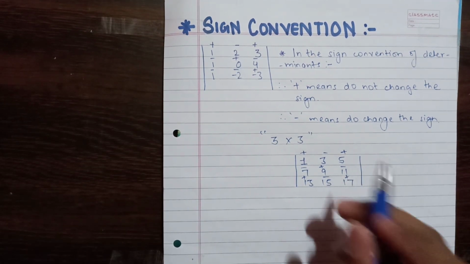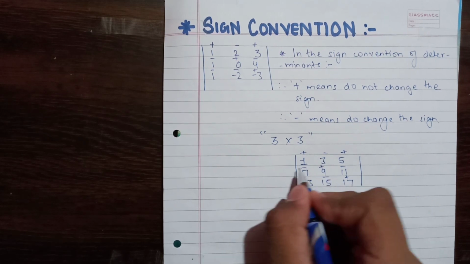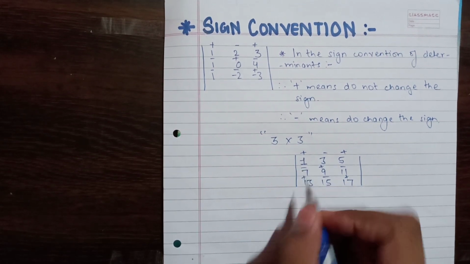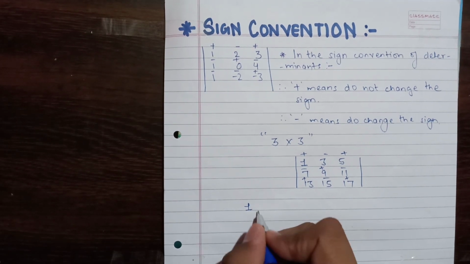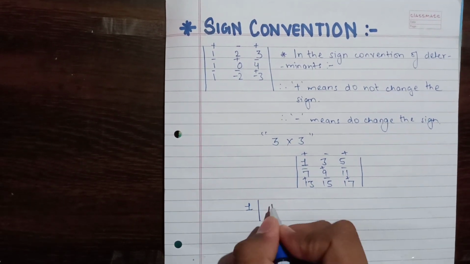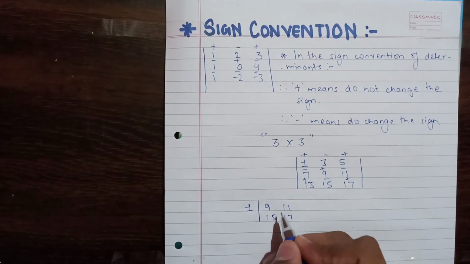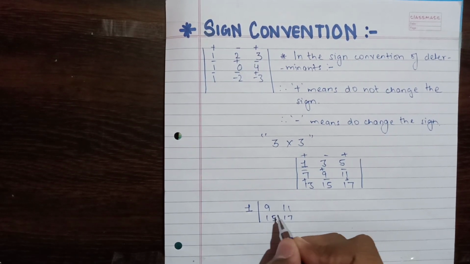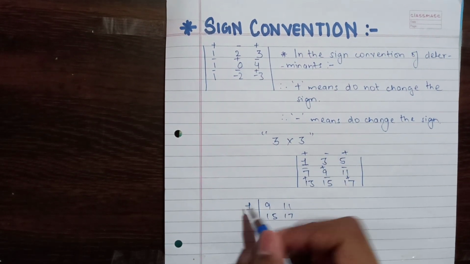This is the way we'll put the sign convention. So here it is plus, here also plus, so we'll write it as plus 1, and in brackets 9, 11, 15, 17. There's no need to put the sign inside, because we'll just put this plus or minus sign outside.